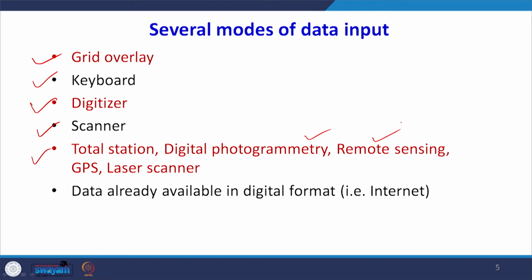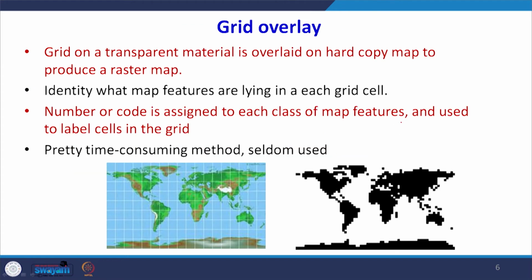There is also some data available in digital form, either from the internet or directly from government agencies. You can procure the data in digital format and use it along with the other layers, other data products which you have created.